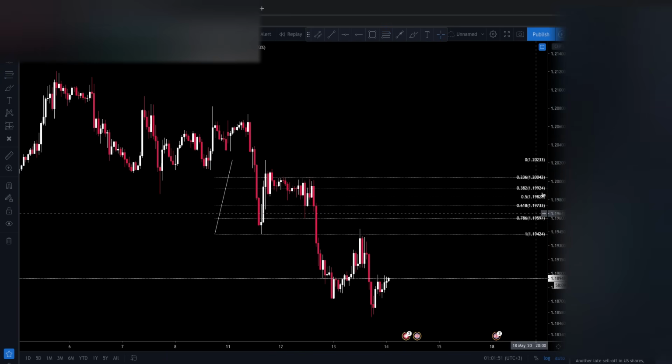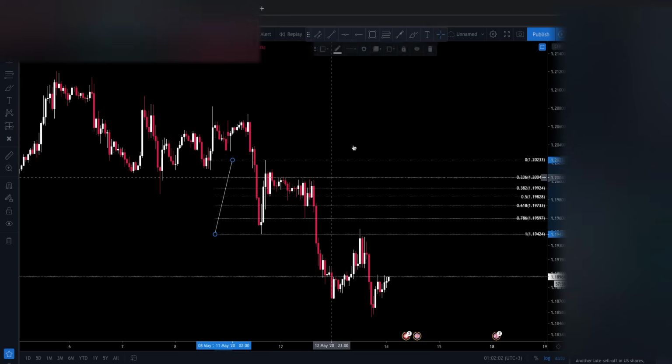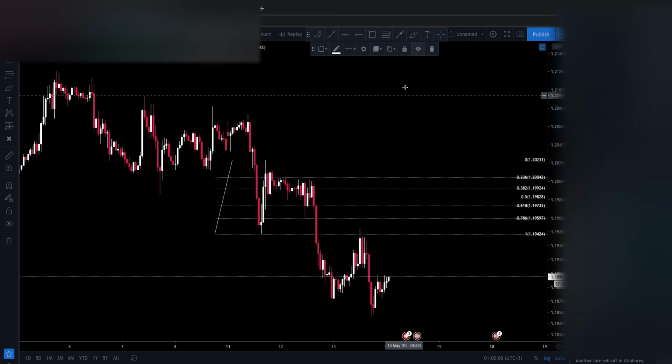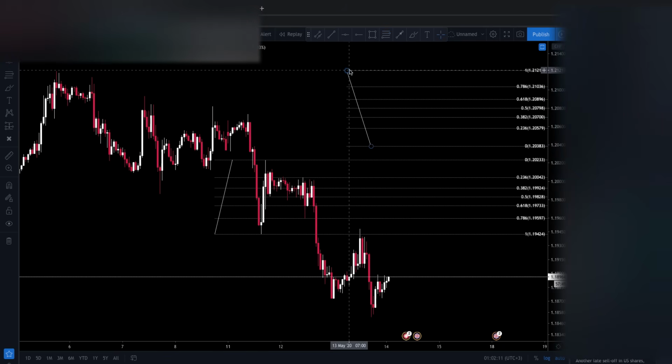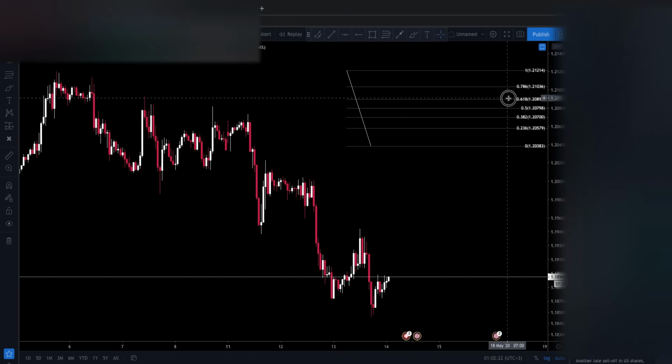The only difference will be that these numbers will be flipped: 100 or a 1, then 78.6, 61.8, 50, 38.2, 23.6, the opposite of the order you see here. Let me show it to you. If you start from the top till the bottom, you'll see the numbers like this. If you draw from the bottom to the top, you see the numbers like this. The numbers are just flipped; otherwise, it's the same thing.